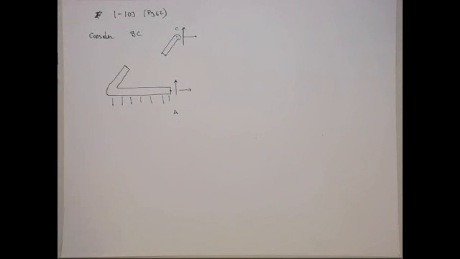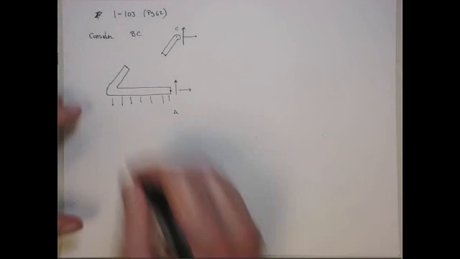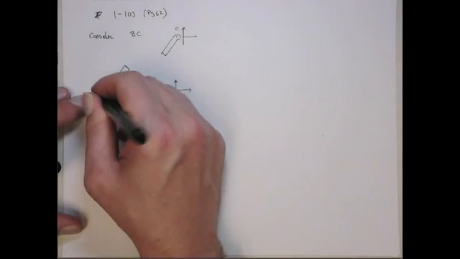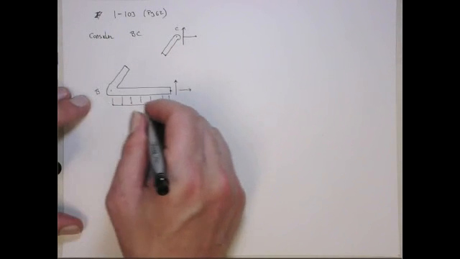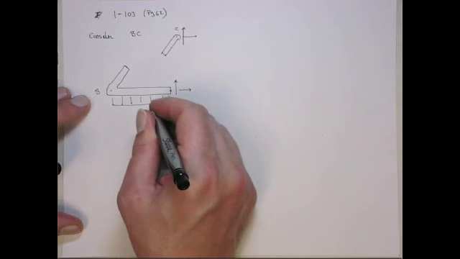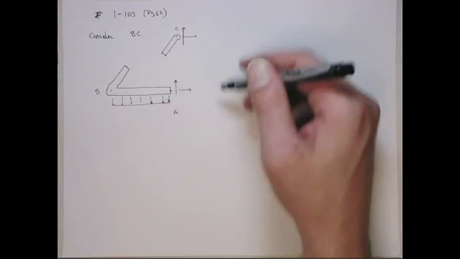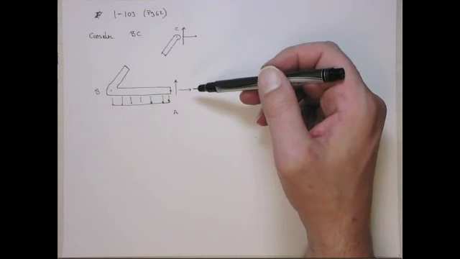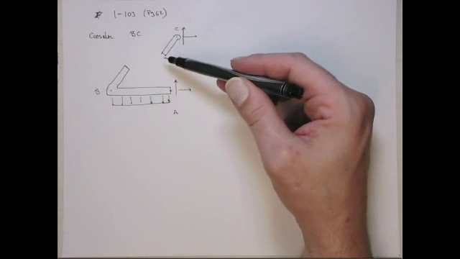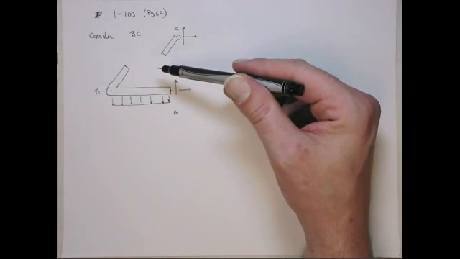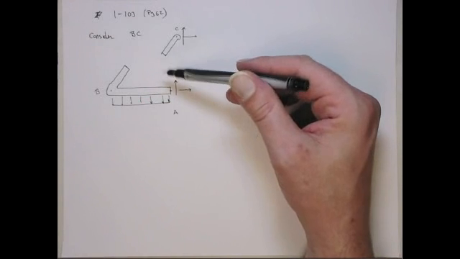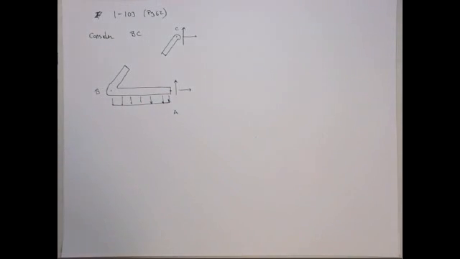Now, the other thing we use here to make our life simpler, okay, this is B. And this is a distributed force, all right? So in this situation, I really can't draw a section that'll let me get at the force in this element without really dealing with the reaction forces, okay? So we need to get the reaction forces.